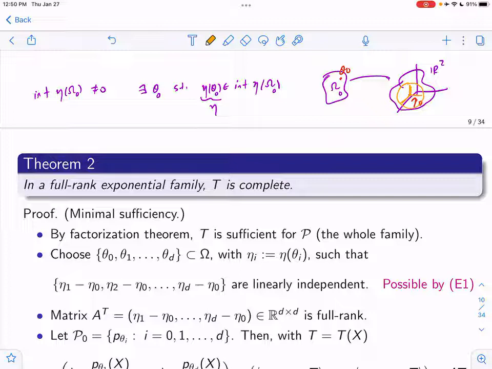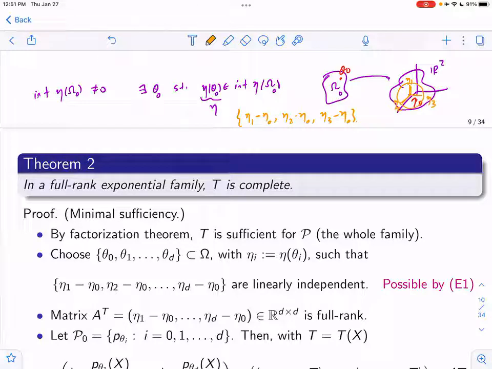So basically I can find eta 1, eta 2, eta 3, up to eta d, such that the differences eta 1 minus eta naught, eta 2 minus eta naught, eta 3 minus eta naught, and in general up to eta d minus eta naught, are linearly independent vectors, because they're sort of in the direction of the coordinate axis.